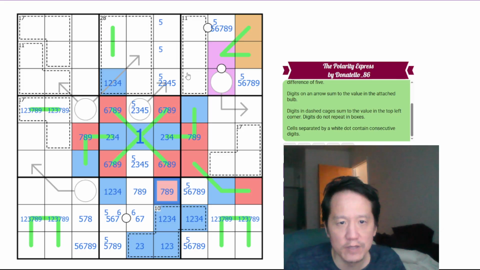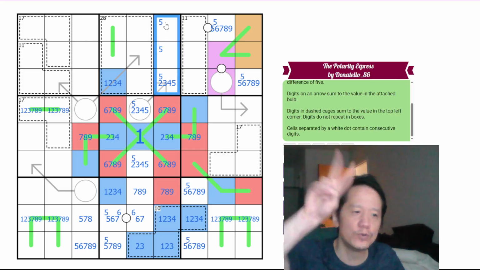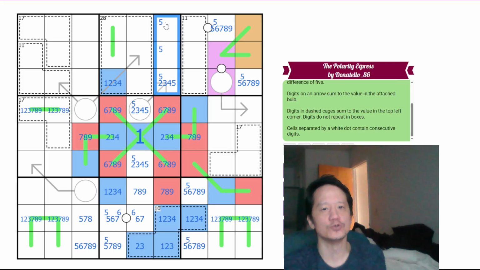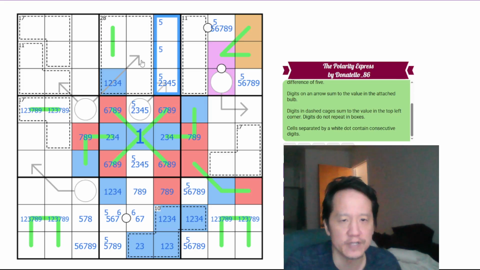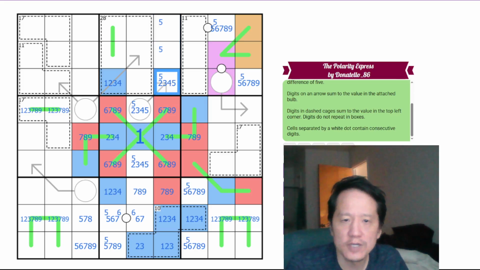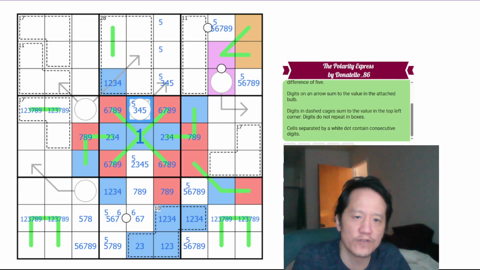It must be 5 with two other digits adding up to 17. So 17 minus 5 is 12. You either have 3, 9, or it's 4, 8. So this cannot be 2. It's 3, 4, 5 here.